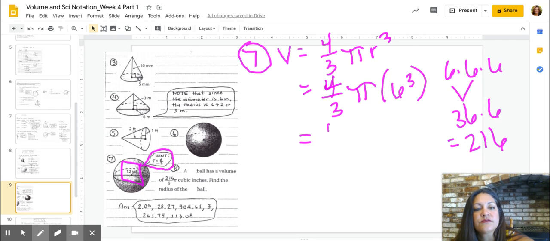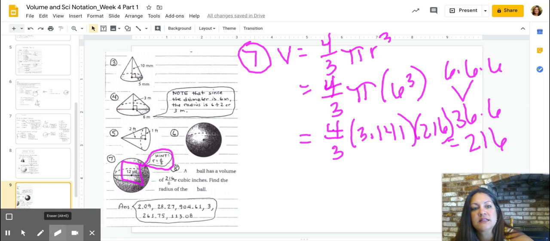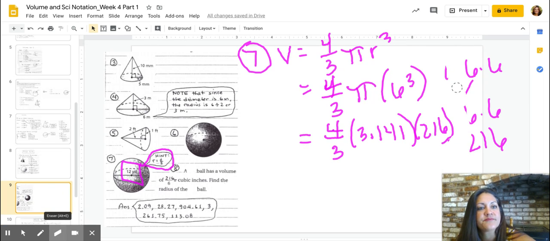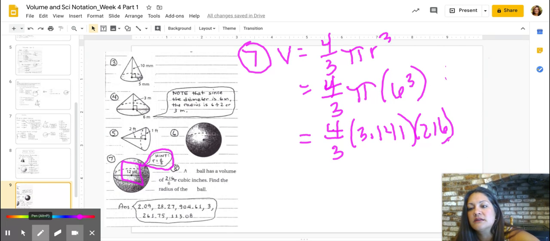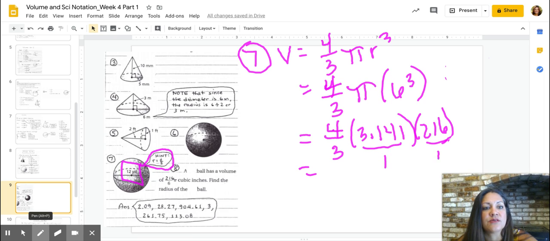So 4/3 times pi times 216. Let's erase some of this over here. So here's what I'm going to do. I'm going to multiply everything in the numerator. So this is really over 1 over 1. And we're going to divide by 3 when we are finished.